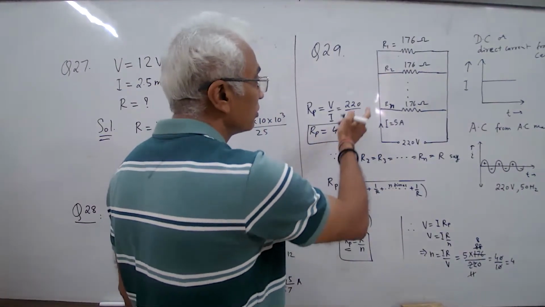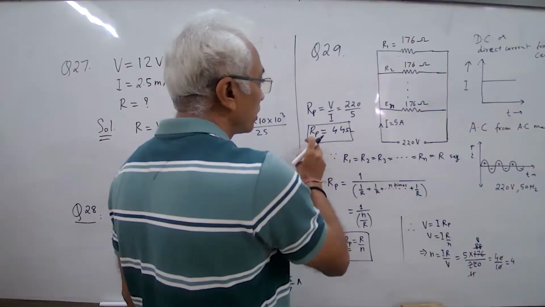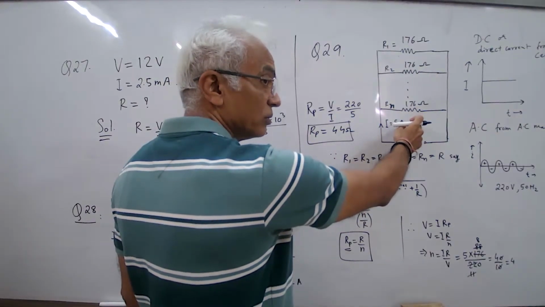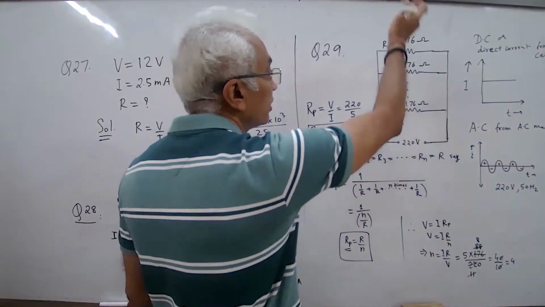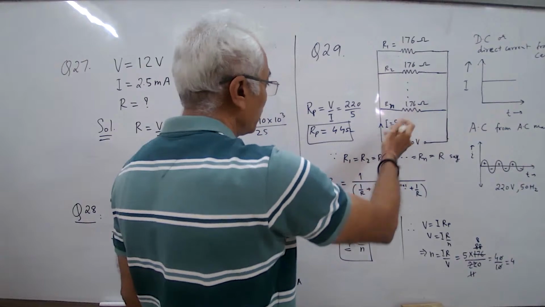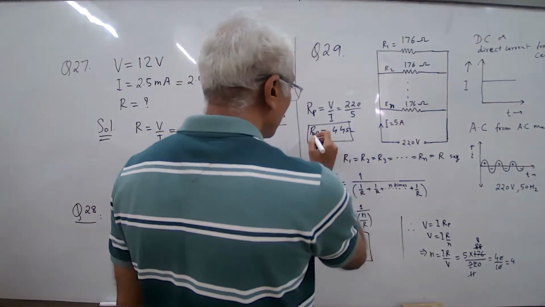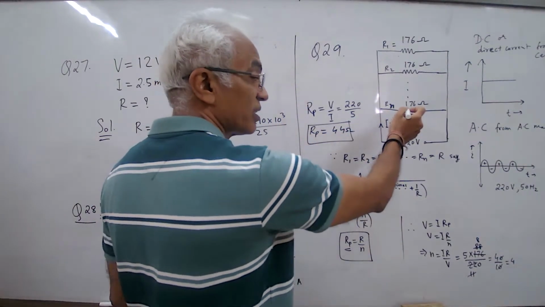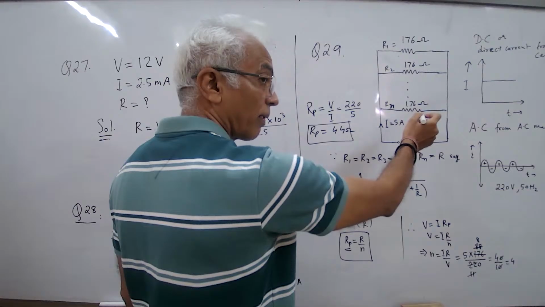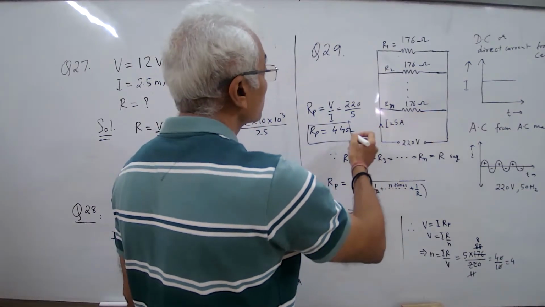Now, how much will that equivalent resistance be? All the resistors are the same, so how many resistances of 176 ohms are there? This is 44.